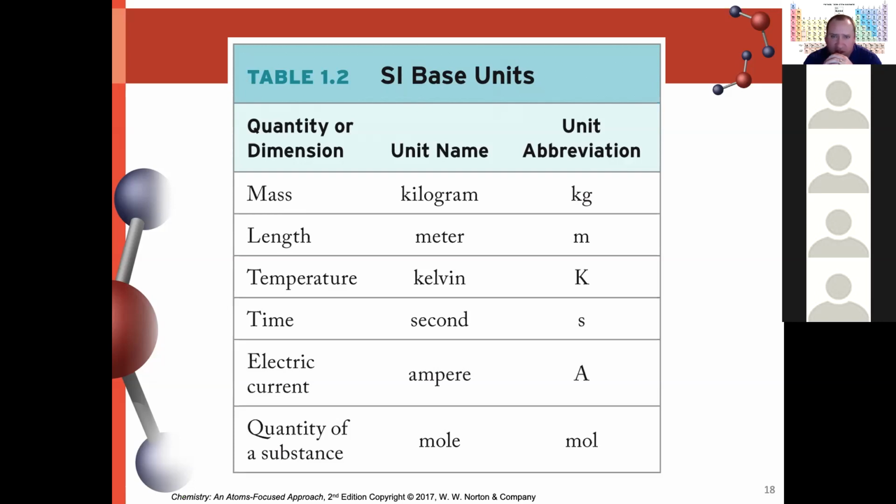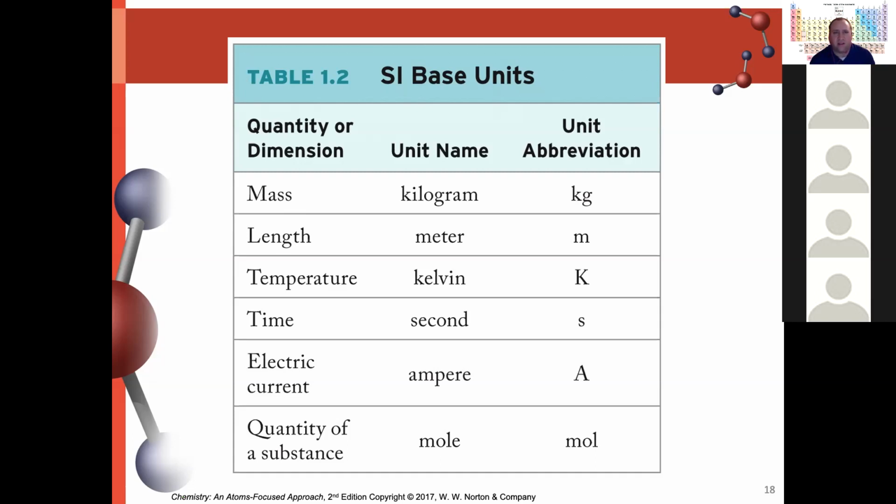So candelas are used in that regard, and they're a very common unit for that reason. Now we won't use them in this class because we really don't do anything with light intensity, but it is there, and that is something we would use if it was something we were going to study.